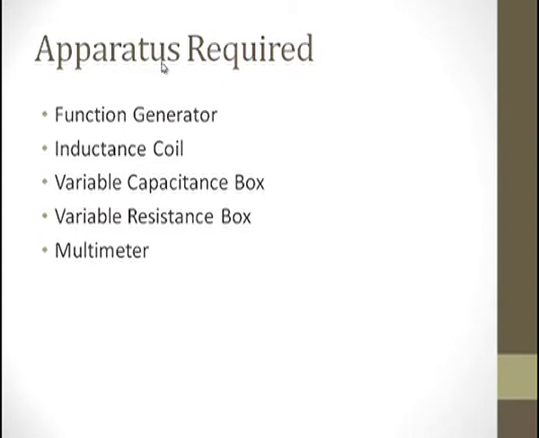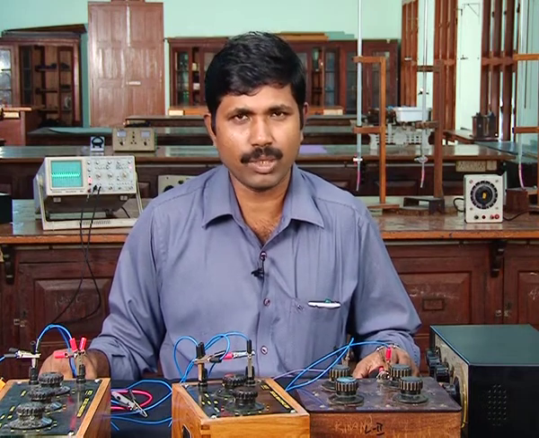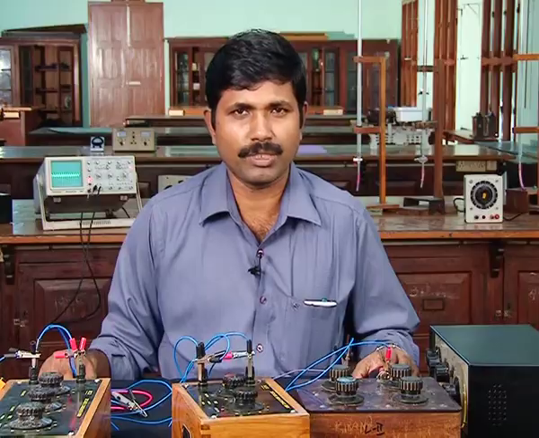Here I am going to use a variable inductance box. Then capacitor. Here I am going to use a variable capacitance box, then a variable resistance box, then a multimeter to study the peak voltage, the peak to peak voltage across the capacitor. These are all the components required to do this experiment.